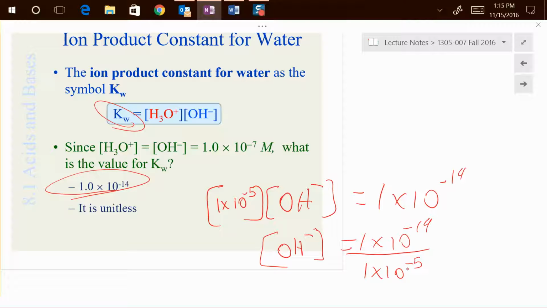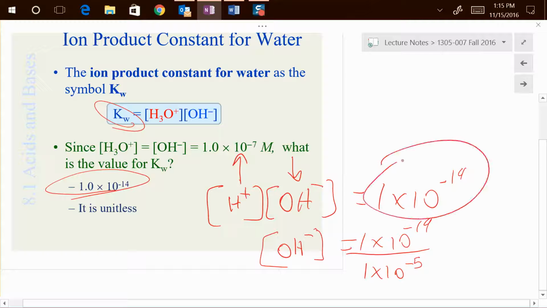But if my pH becomes acidic, that means I changed this. So if this goes up, this must come down so that I can maintain this equilibrium constant of 1 times 10 to the negative 14. Okay? To maintain 1 times 10 to the negative 14, these have to fluctuate, up or down.